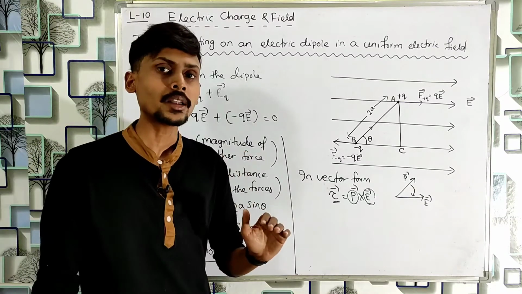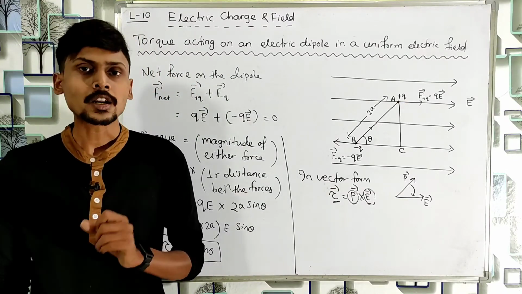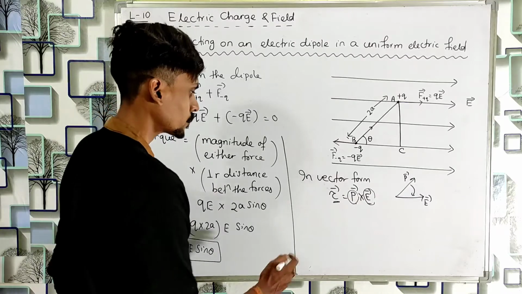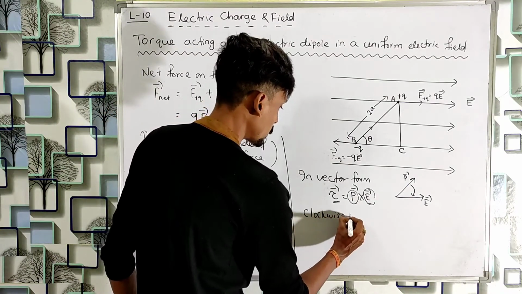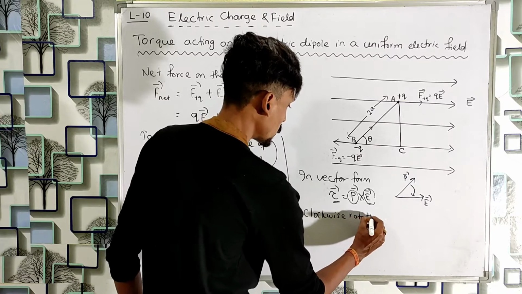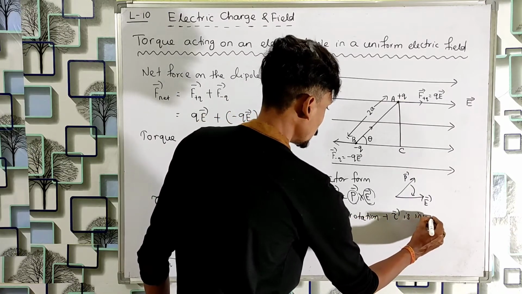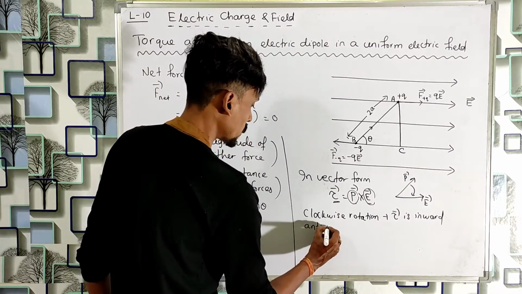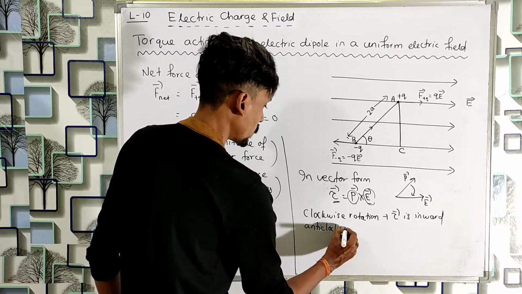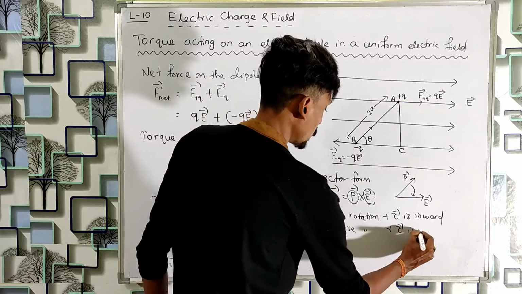And if P vector is rotated anti-clockwise towards E vector, then tau vector will be outward. So for clockwise rotation, tau vector is inward, and for anti-clockwise rotation, tau vector is outward.